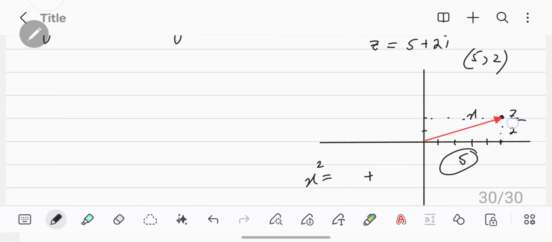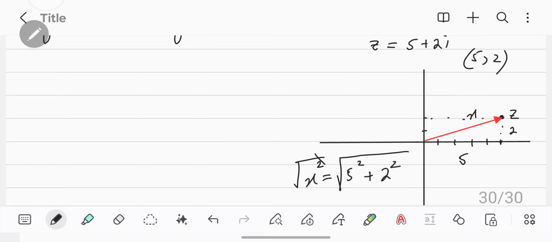The first square is this one, the second square is this one. This is what Pythagoras theorem says. From here, I can find the value of x by taking the square root on both sides, because I need the value of x. So in this way, I can easily find the value of x.